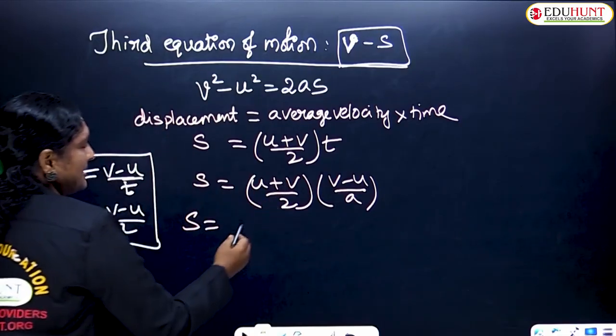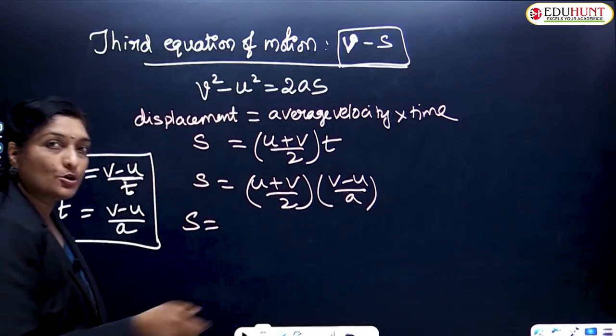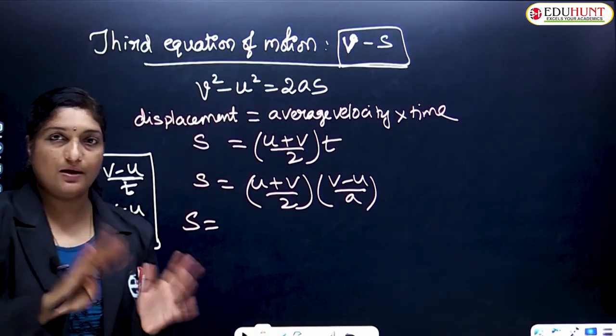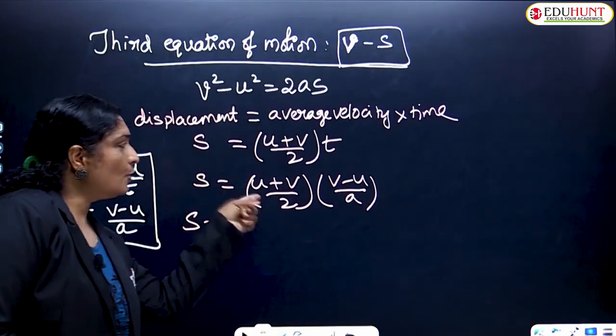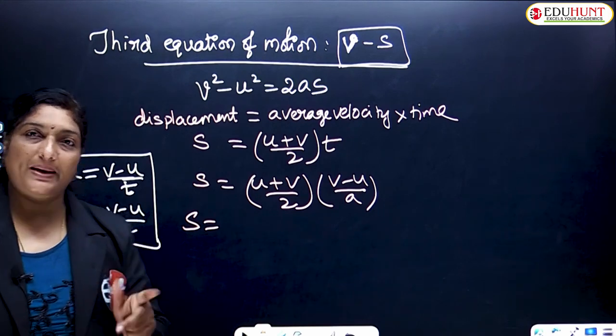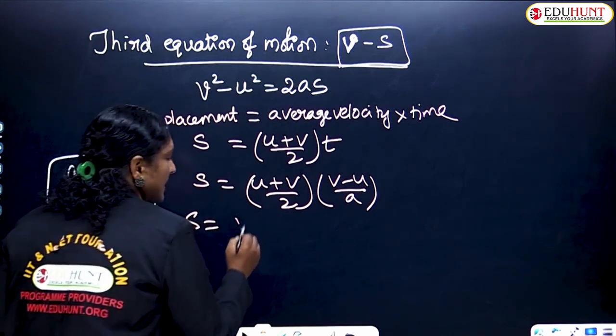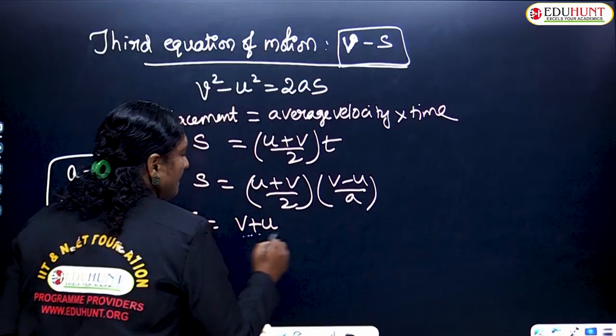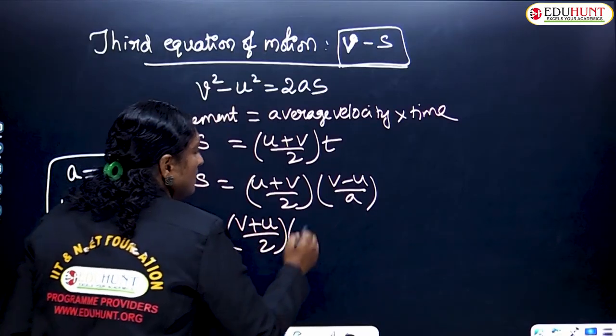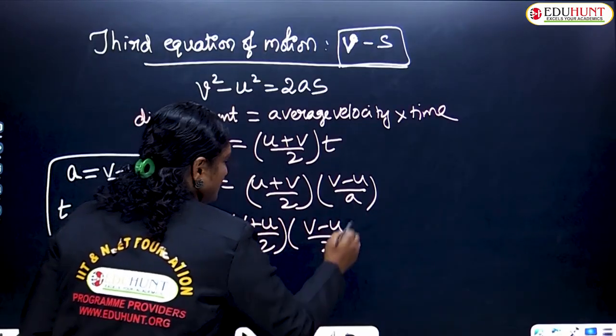Rearranging the terms, u plus v can be written as (v plus u) by 2 into (v minus u) by a.